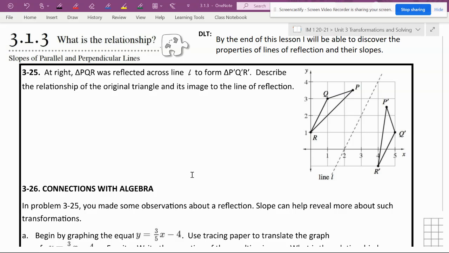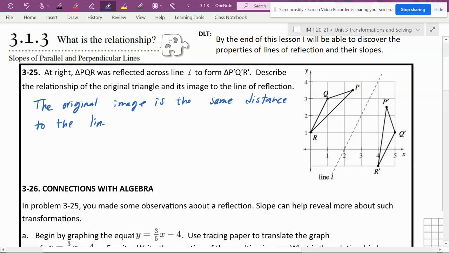So pretty much, you guessed it, the original image is the same distance to the line of reflection as the reflected image.